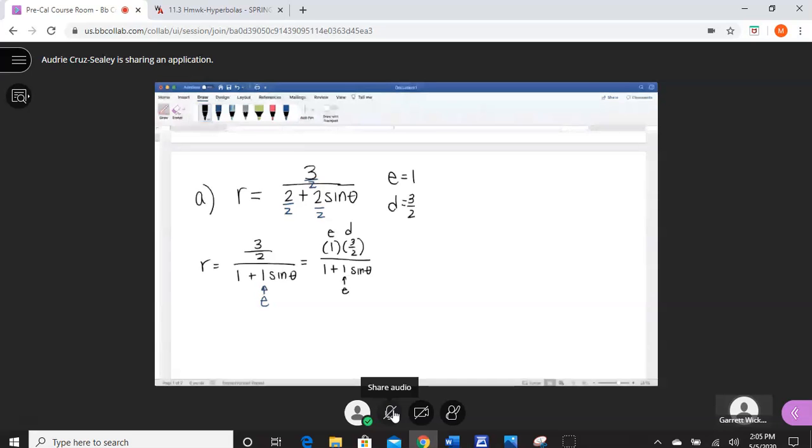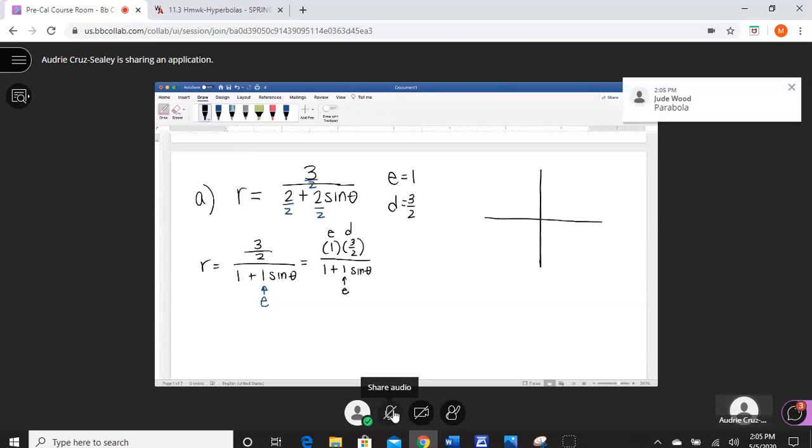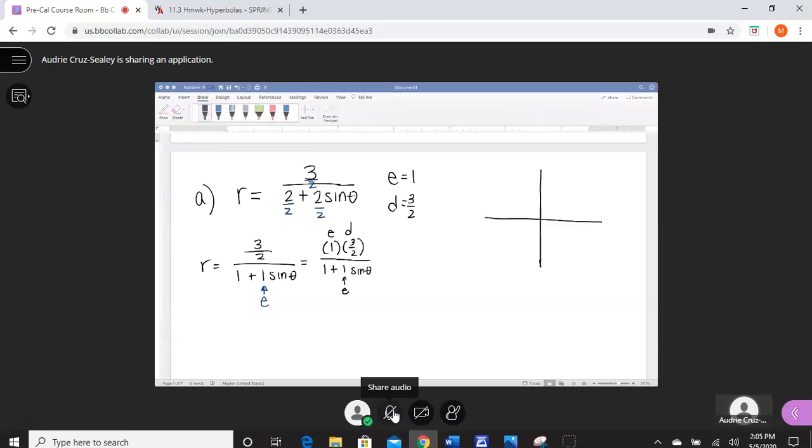So what kind of conic is this? Yep, thank you, Jude. It's a parabola. You know it's a parabola because your eccentricity is 1. That's why these notes in the very beginning are very important.